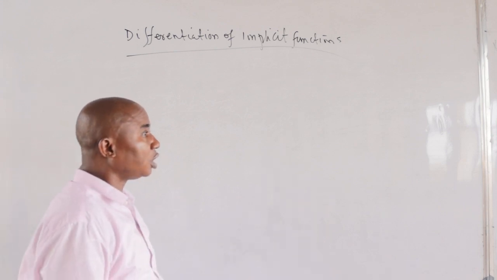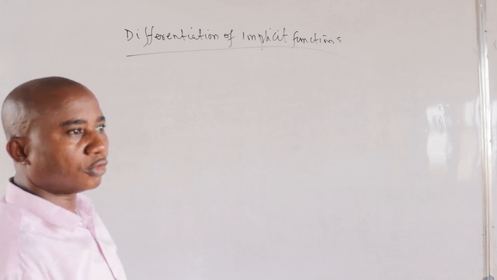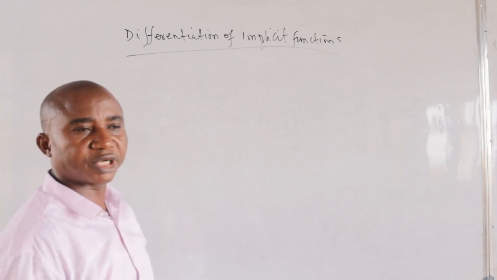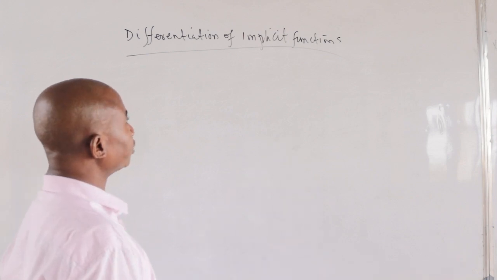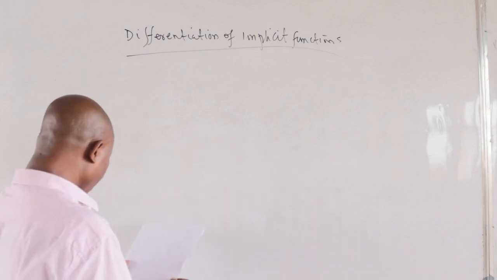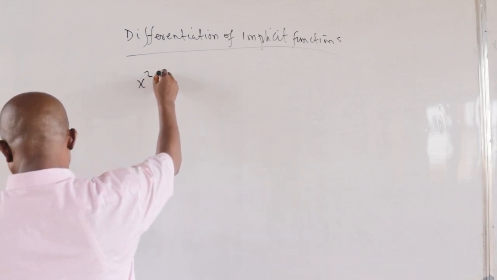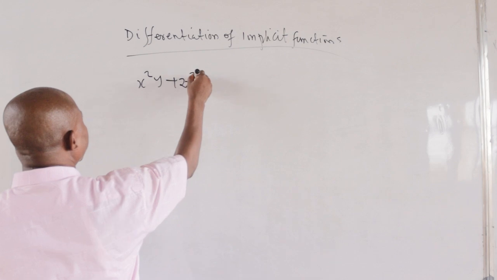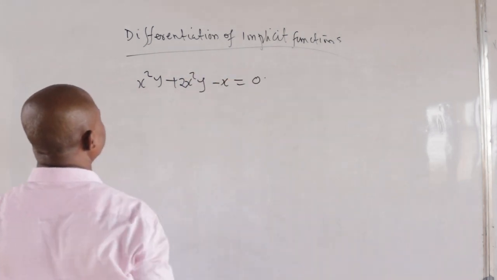And so in that case, we also need to find the derivative of the dependent variable with respect to the independent variable. Let me give an instance of what I mean. Assume we have a relationship of the form x squared y plus 2x squared y minus x is 0.